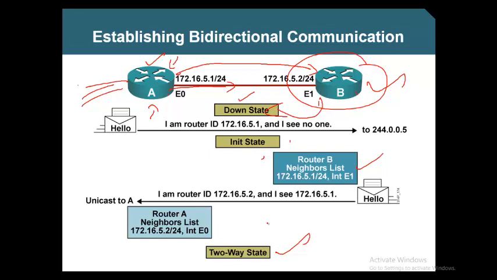I repeat, if two routers are in two-way state, they only share hello packets, type 1. No type 2, no type 3, 4, 5. Means they're not going to share any updates, DBDs, requests.